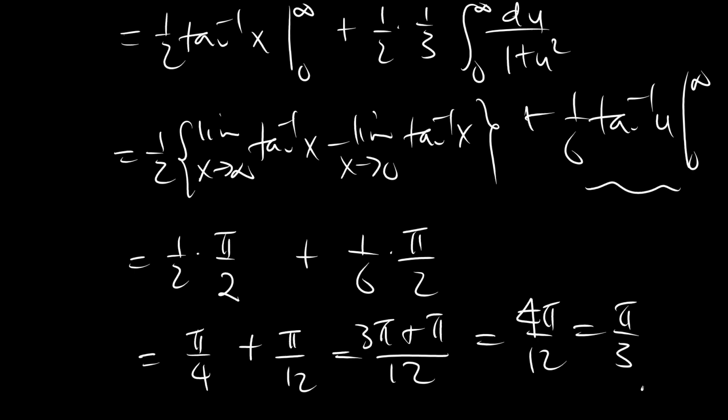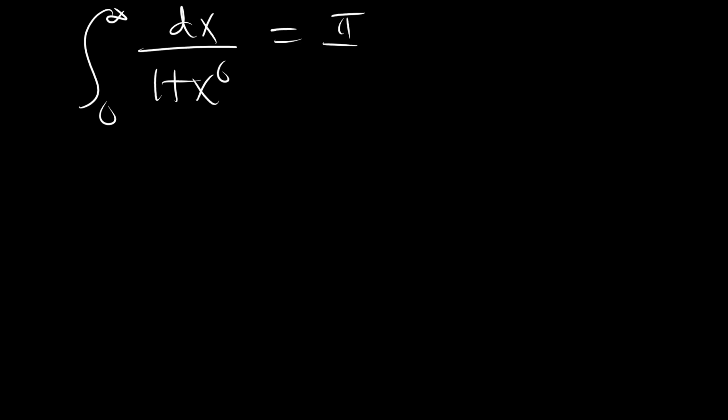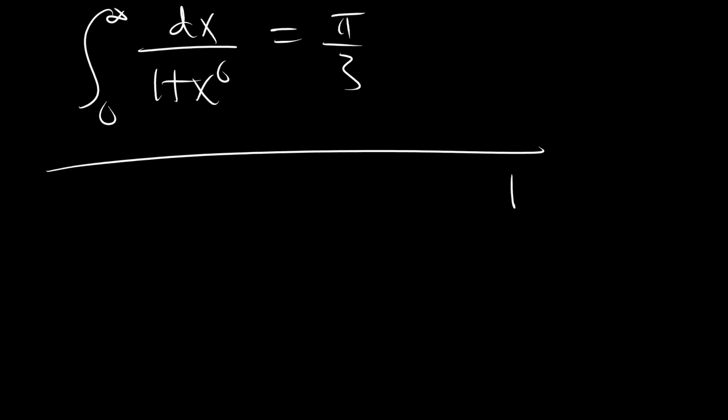Okay. And so the solution to our problem, the integral from 0 to infinity of 1 over 1 plus x to the sixth, is equal to pi over 3. And that is our answer.